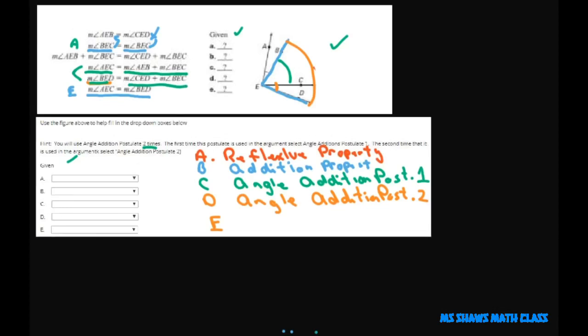So that means that our measures are equal. The measures of each one are equal. So that's your substitution property, property of equality.